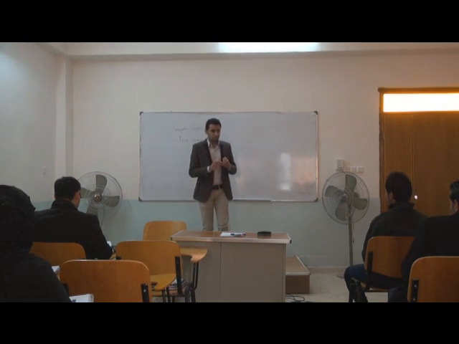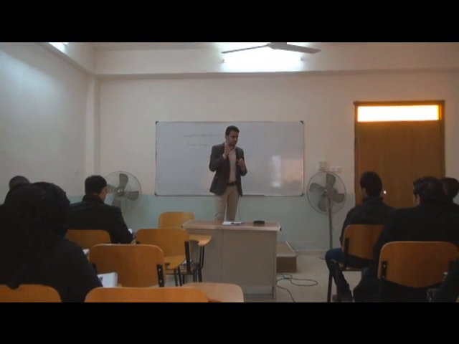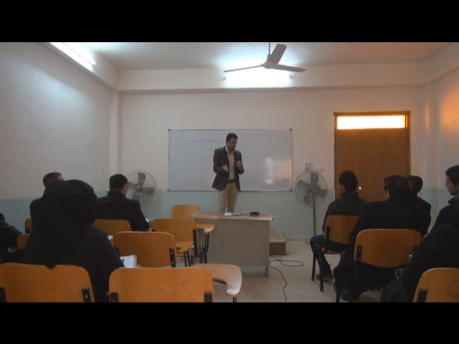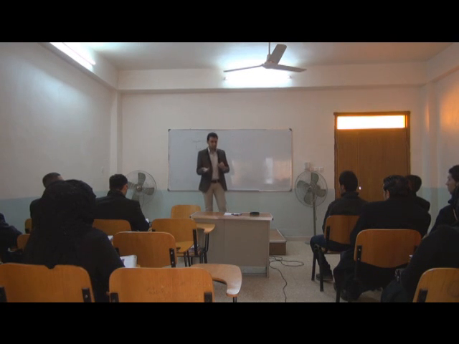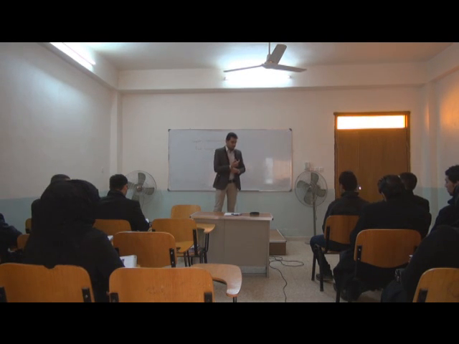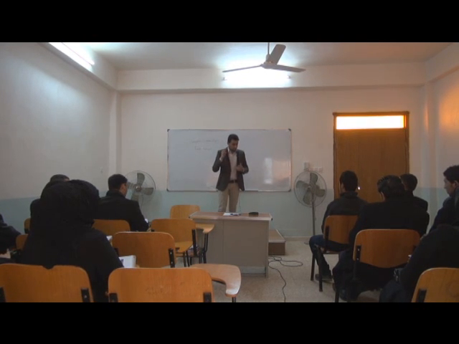So what is the major difference between them? Why do we have two types? Why do we have RAM and ROM? What's the purpose? RAM is used for writing and reading. It's able to read and write. About ROM, only reading.